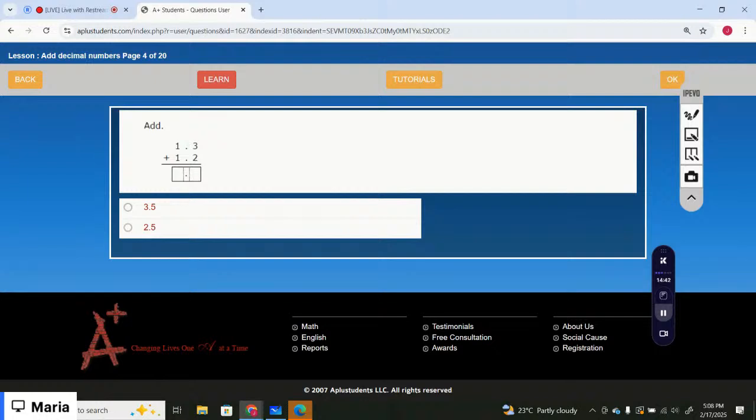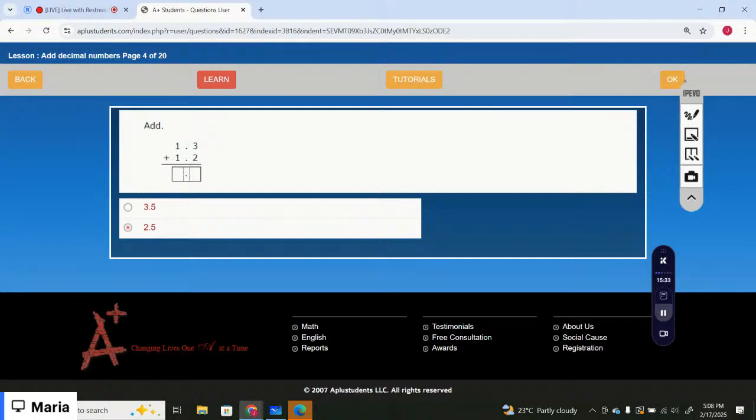1.3 plus 1.2, which is the correct option? That is 2.5.